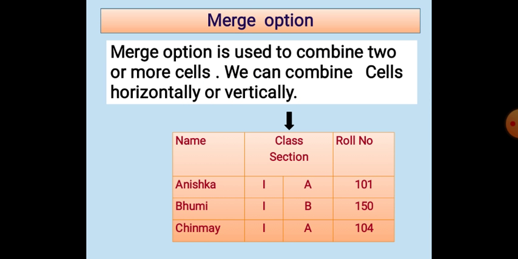Now, children, we will understand the merge option. Merge option is used to combine two or more cells. We can combine the cells horizontally or vertically.